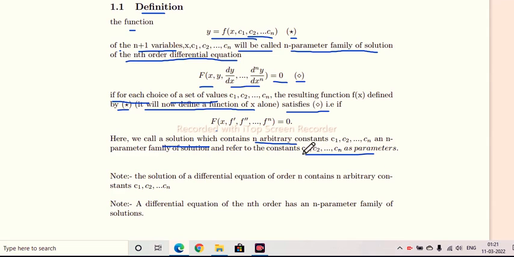We call all these arbitrary constants parameters. So note 1: the family of a differential equation of order n contains n arbitrary constants c1, c2, up to cn.